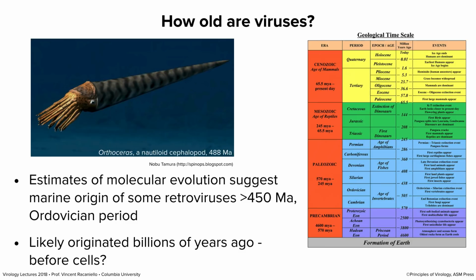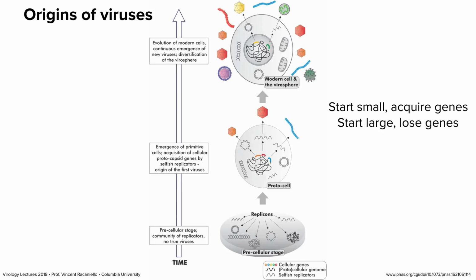They may have arisen in the oceans, in organisms like this one, a nautiloid cephalopod, which is around at 488 million years ago. So that is the oldest dating of viral presence based on these methods that I know of. But I think probably viruses were around maybe in a different form before this, maybe billions of years ago.